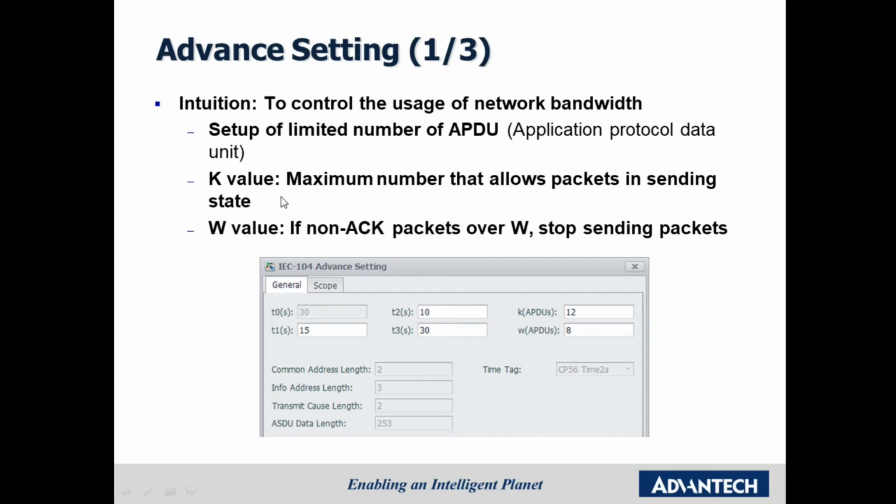One is the K value, another is the W value. The K value means the maximum number of packets allowed in sending state, and for the W value, if non-ACK packets go over W, it will stop sending packets. So with this mechanism, there are not so many packets on the transport.